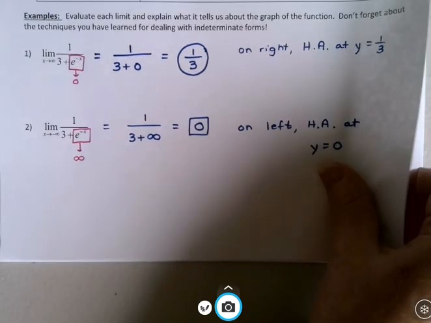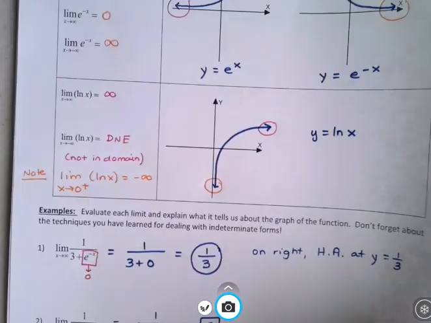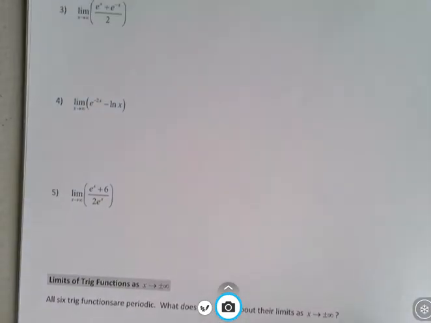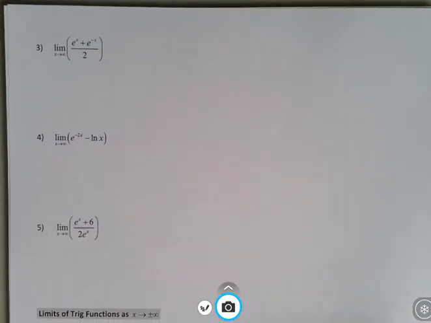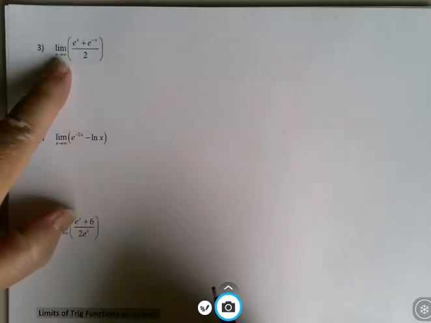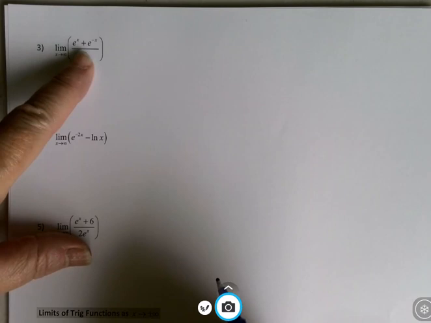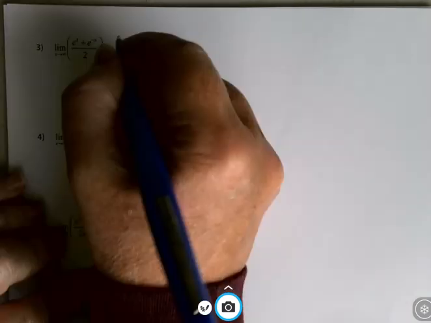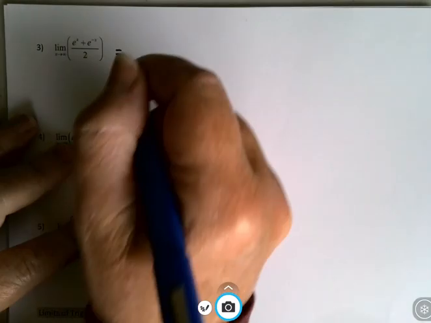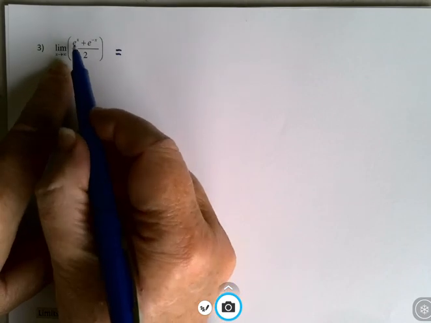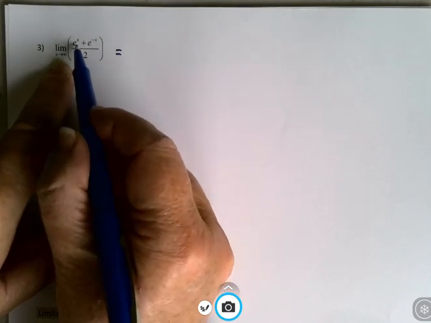All right, we'll do a few more log and exponential examples. This time we want x to go to positive infinity, and we've got our function e to the x plus e to the minus x over 2. As x goes to infinity, e to the x is exponential growth, right?